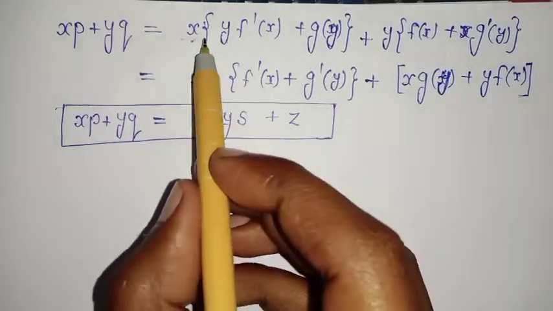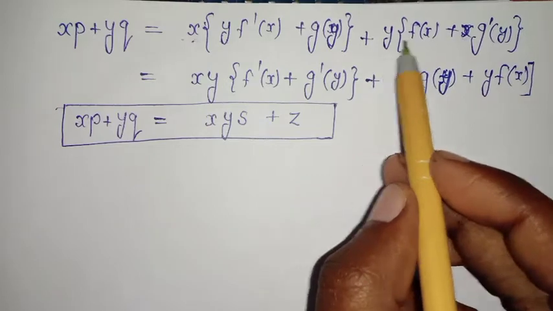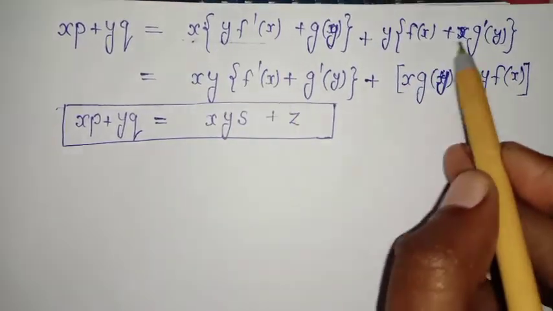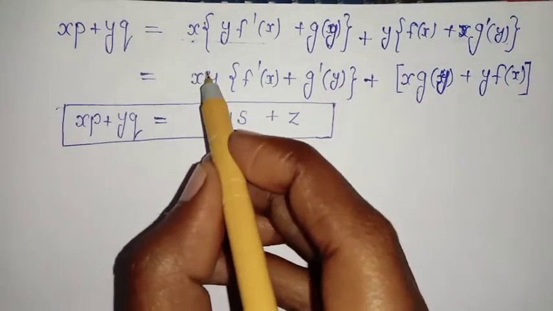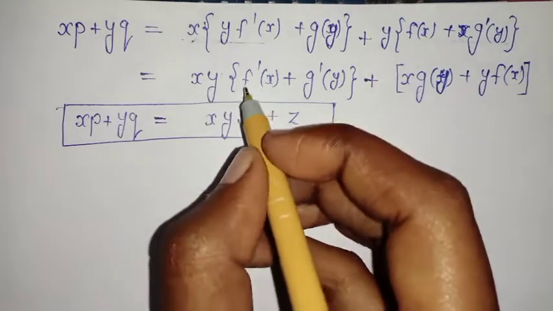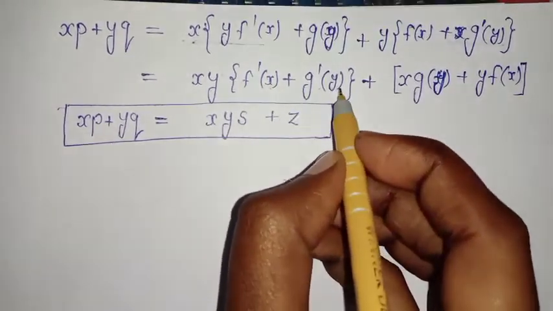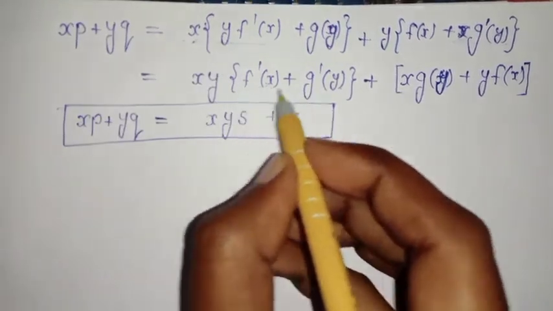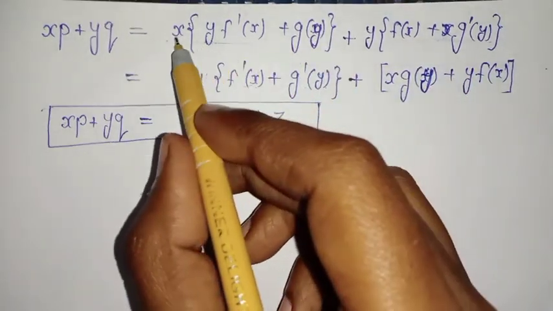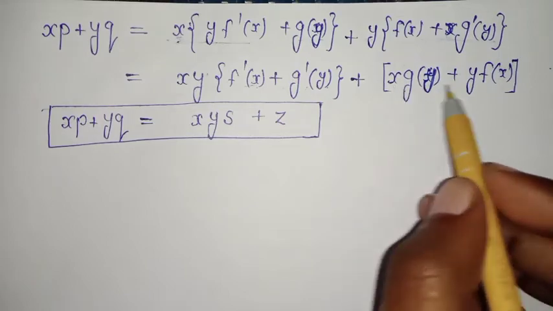Now if I look at the terms, x into y is common in this term and in this term as well. So I am taking xy outside, because it is common in both terms. The terms which remain are f'(x) plus g'(y), and this is the value of s, written with the help of equation number 4, and the remaining terms are x into g(y) plus y into f(x). That can be written in this way.